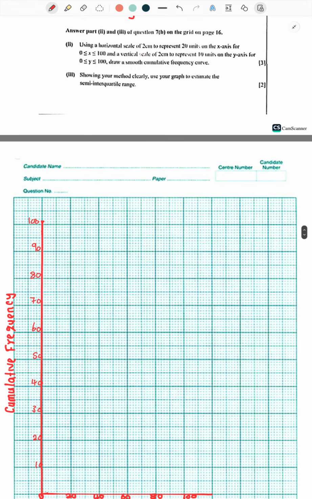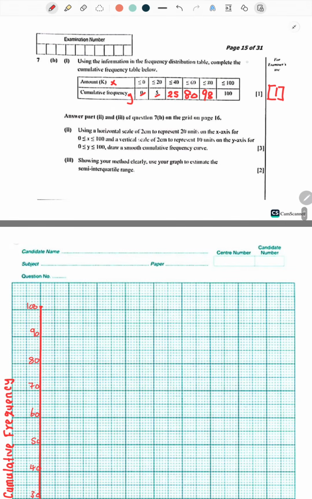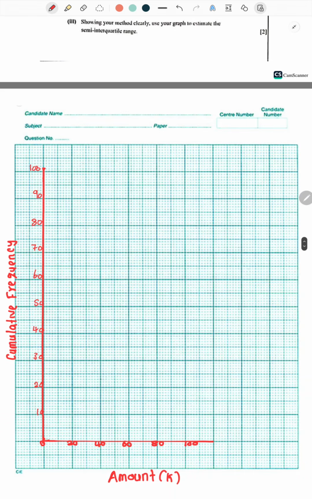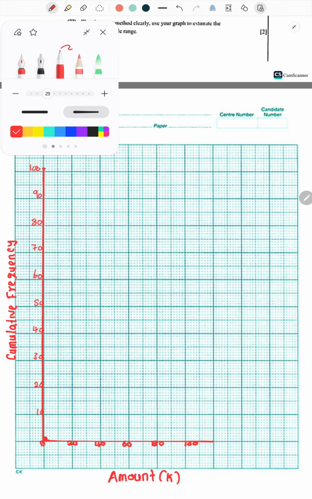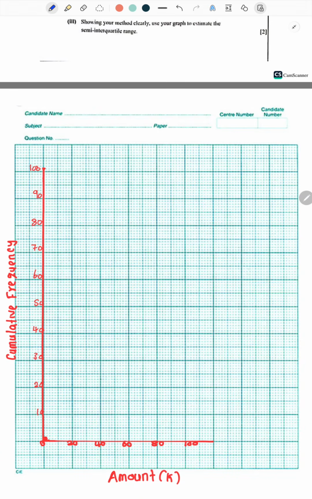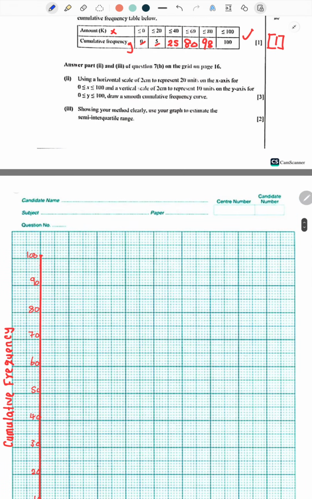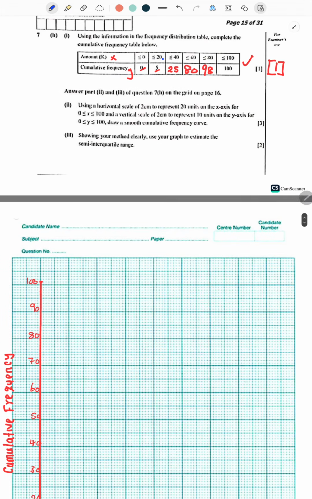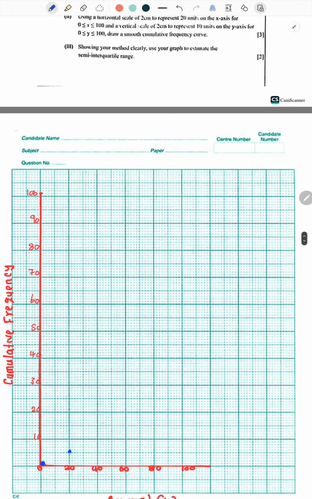Now we can plot. So 0, 0 is here. Next, they are saying 20, 5, so 20, 5 is going to be here. Next, 40, 25 is going to be here.